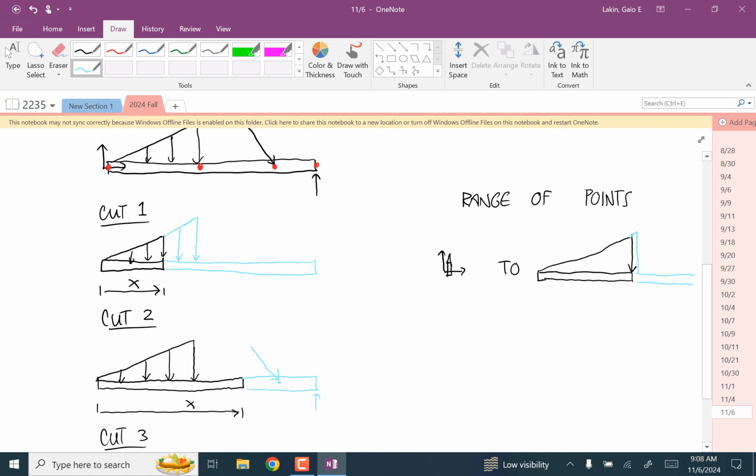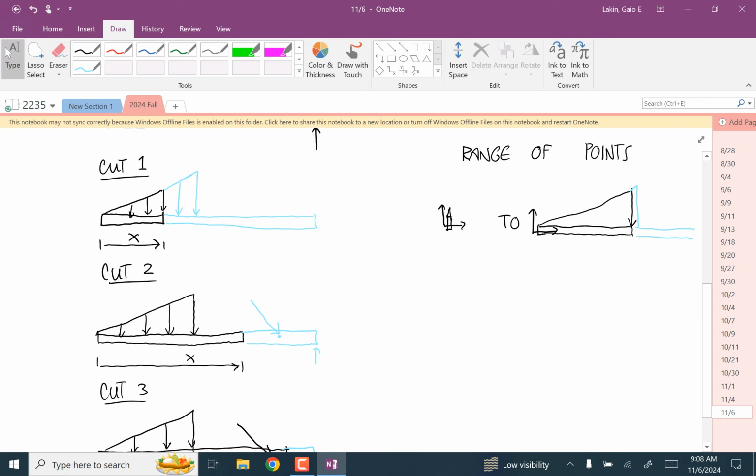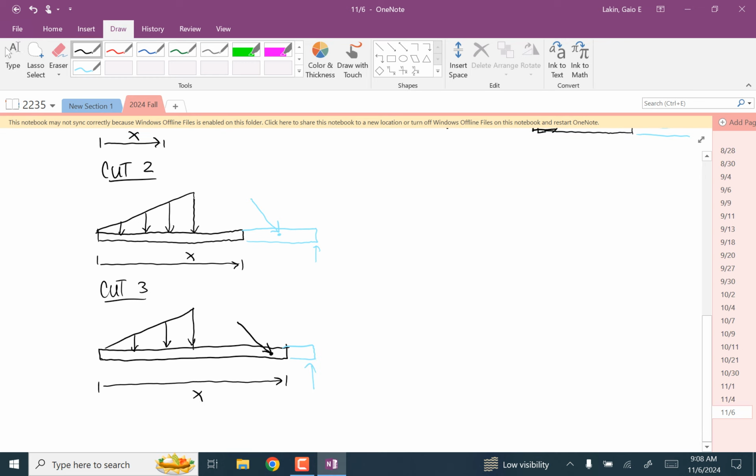Either way, qualitatively it's the same. You have the same loads acting on it as functions. And then this one goes all the way from a millimeter after the distributed load to just the tiniest little amount before you get to that point force. Okay, that's the range of x values that we'll include there. And then this one goes from just after the point force to just before the end point.